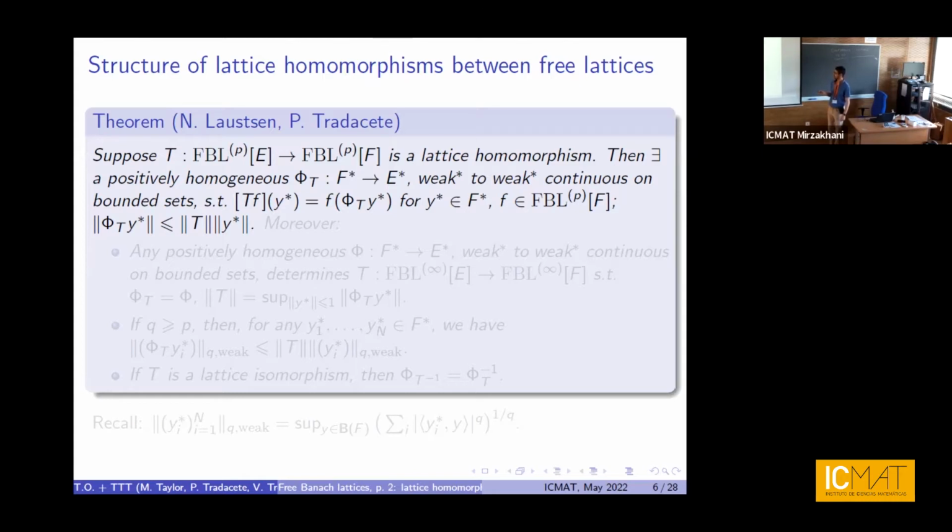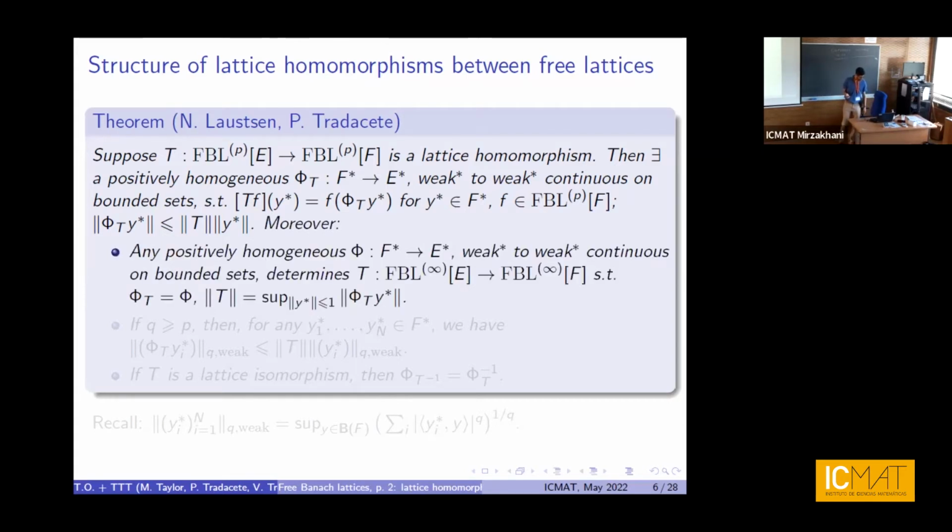And we also have this easy estimate that the norm of phi_T applied to y star is no more than the norm of T times the norm of y star. And actually there is a moreover part to it.